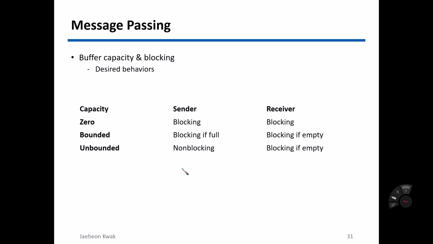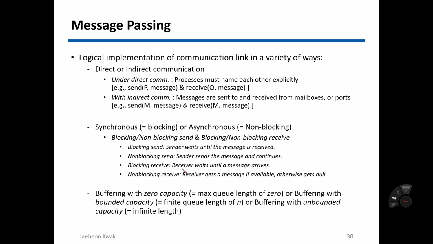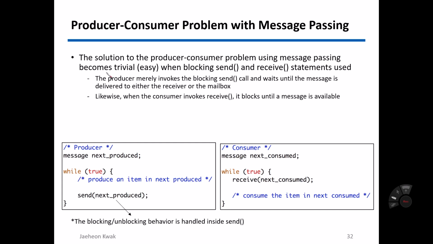So there are so many ways of implementing message passing. However, all these things are supported by the kernel, so we don't have to care about that. So the solution to the producer and consumer problem using message passing becomes very easy. Here's an example.